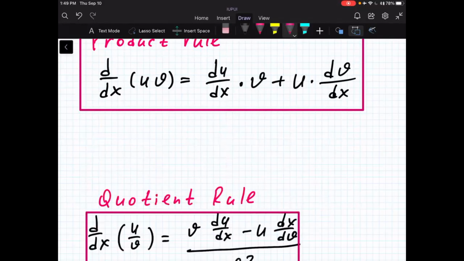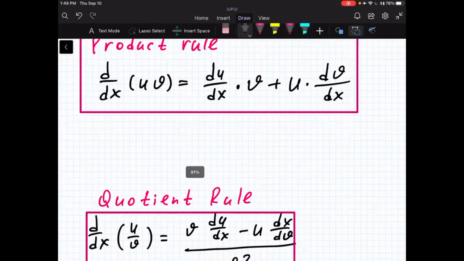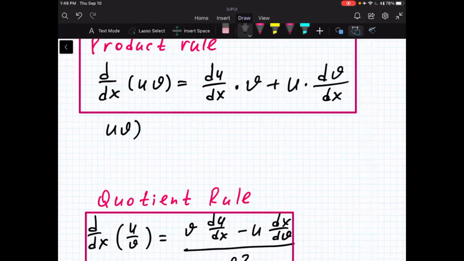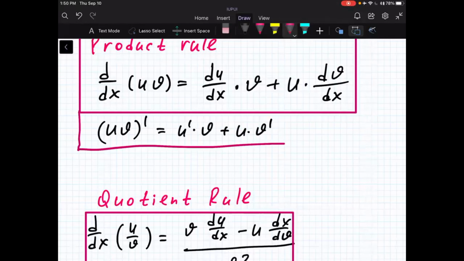the product rule slightly more compactly. So using just the prime notation, (uv) prime is equal to u prime times v plus u times v prime. This is a more compact rule, and probably it's easier to remember it.